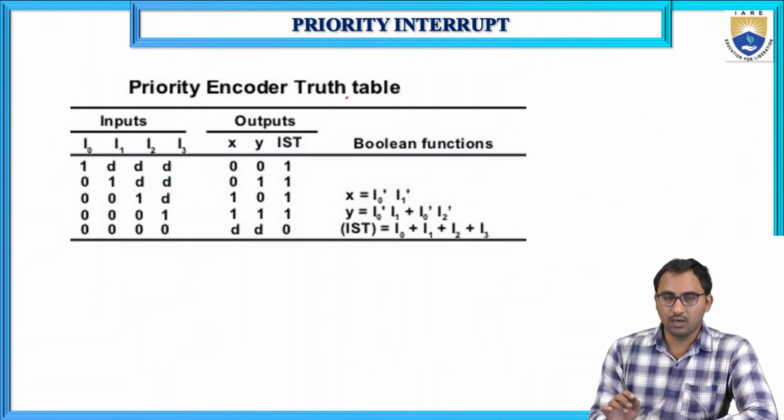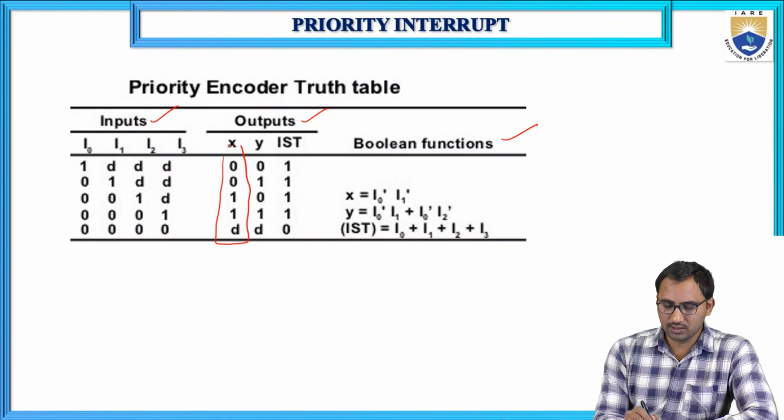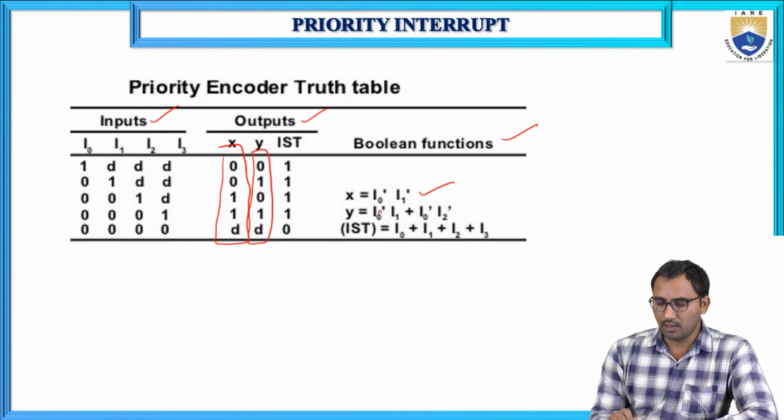And the priority encoder truth table. We have seen the inputs, truth table, outputs, and the Boolean function. When you apply a K-map for this, you will get X is equal to I0 dash into I1 dash. Similarly, when you apply K-map for Y, you will get I0 bar I1 plus I0 bar I2 bar.